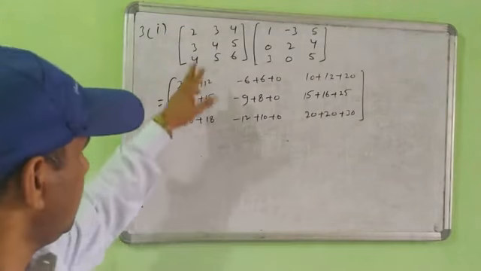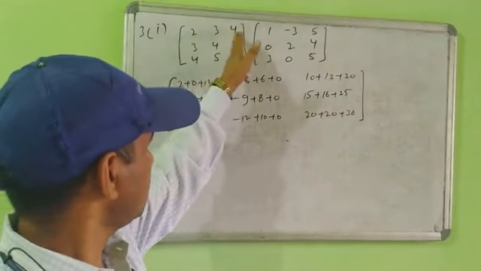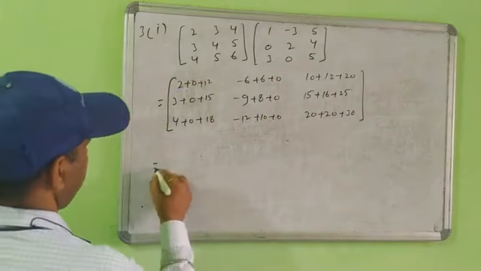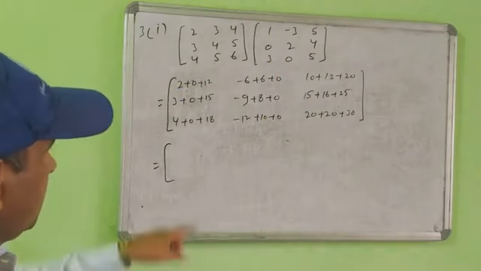In this way, the first matrix goes in rows and the second matrix goes in columns. Then calculate this portion.